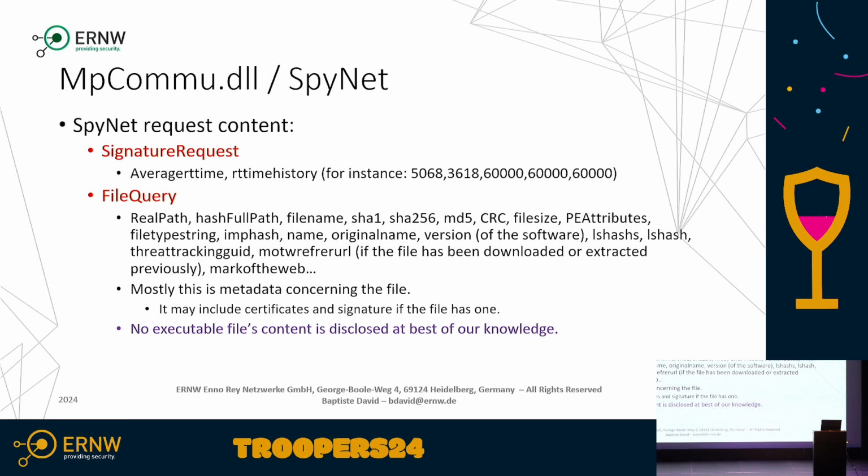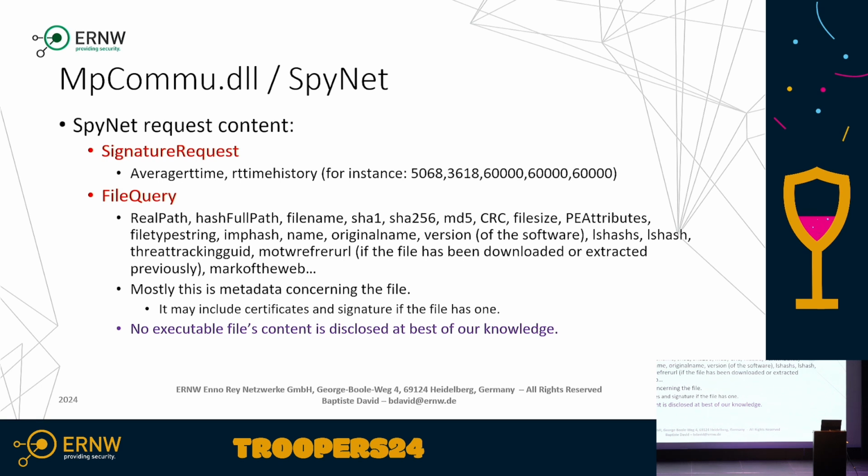You have a signature request. From my point of view, it's just to track the request we are going to send. But it's very interesting to have a history, so that it gives information on the previous submissions you could have done yourself. And of course, you have the file content query.